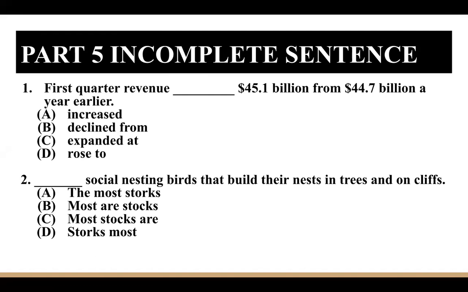For today's class we can see from this one, right? Okay, so let's do it together. Whoever can answer, type it in, don't be afraid, it's easy. First quarter revenue was 45.1 billion from 44.7 billion a year earlier.